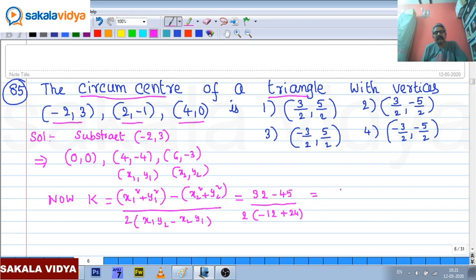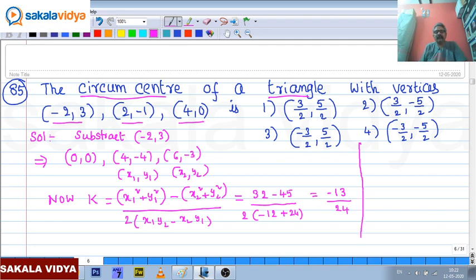This will be 3, 13, minus 13 upon this will be 24, minus 13 by 24. Am I correct now?